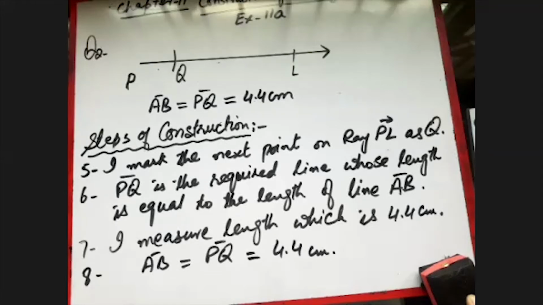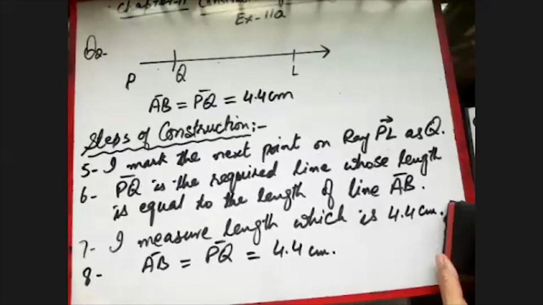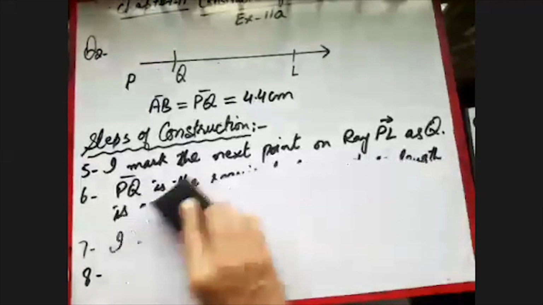It means you are adding both the lines, AB and CD, on the ray, and you will get XY as your full line. You add up both the lines. So I'll wrap this question.